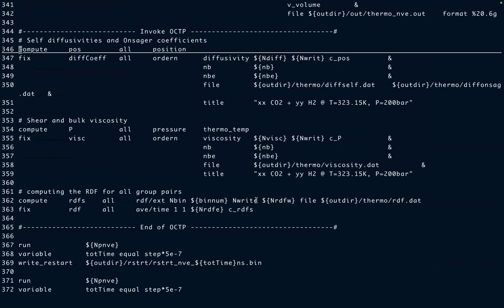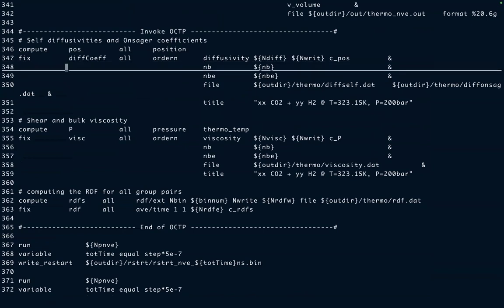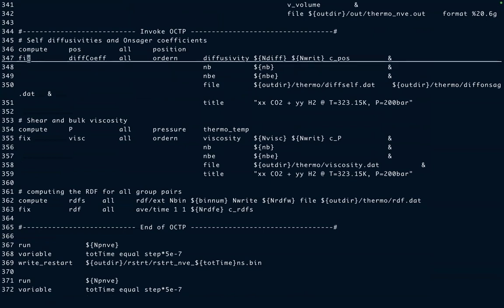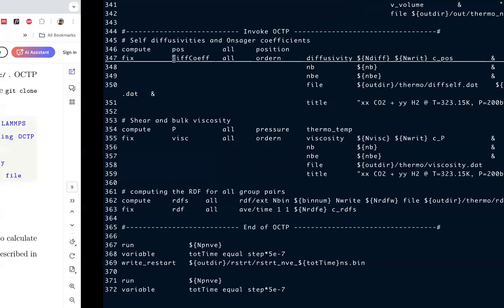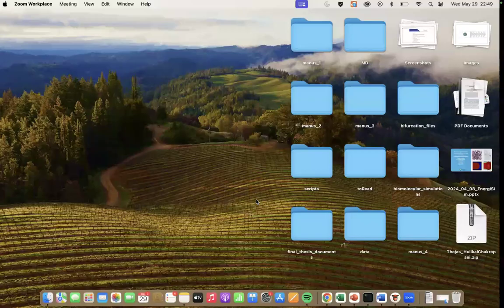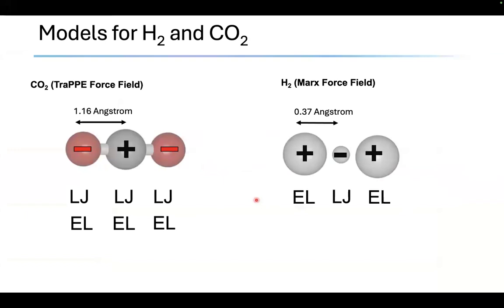So once you now know how to accumulate all the positions using the compute, you can next instruct LAMMPS to perform the cross correlations required for the Maxwell-Stefan or the Onsager coefficients. Let me once again show you what the Onsager coefficients are.